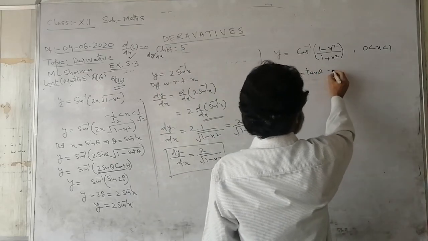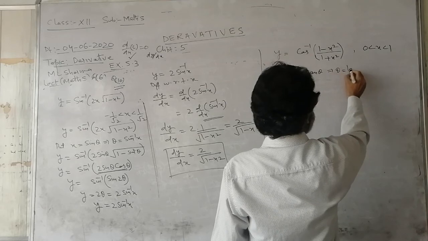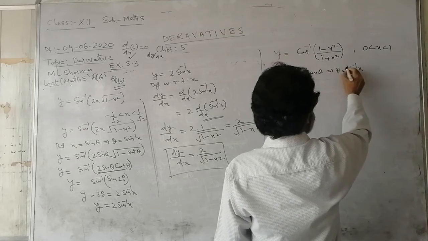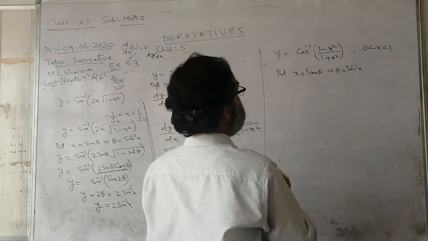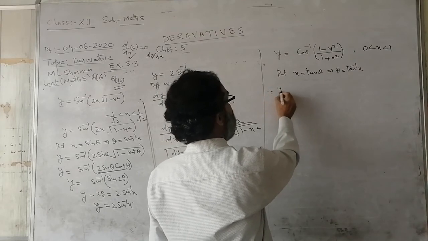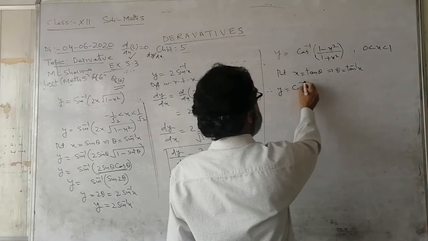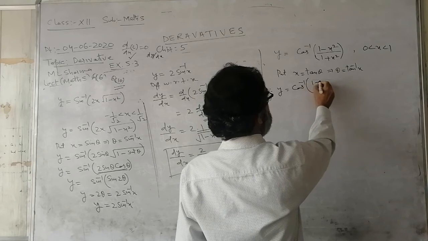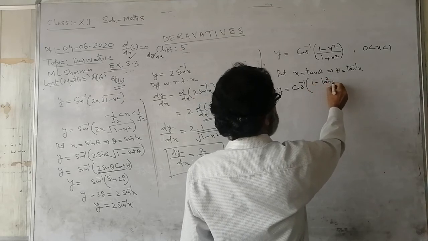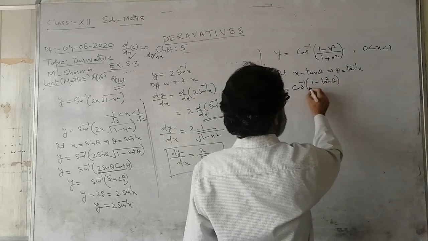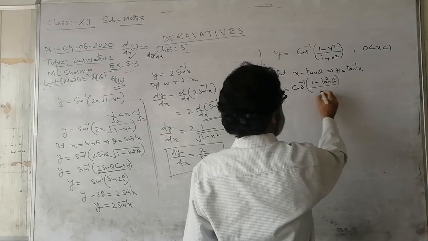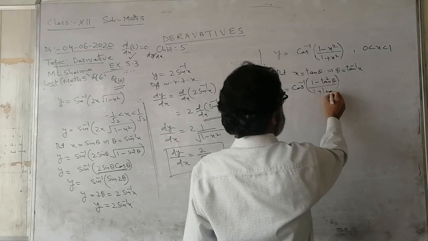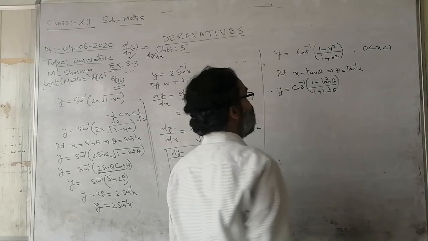So theta will be tangent inverse x. So y will equal cos inverse of 1 minus tangent square theta upon 1 plus tangent square theta.